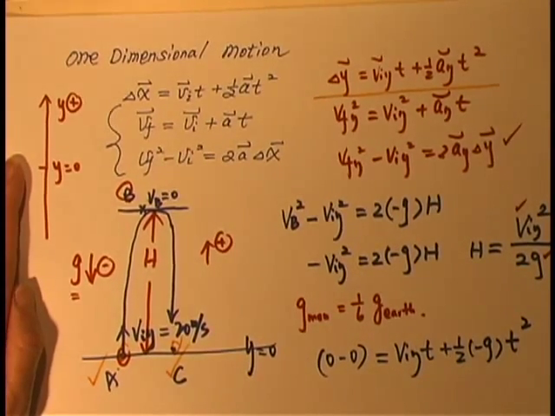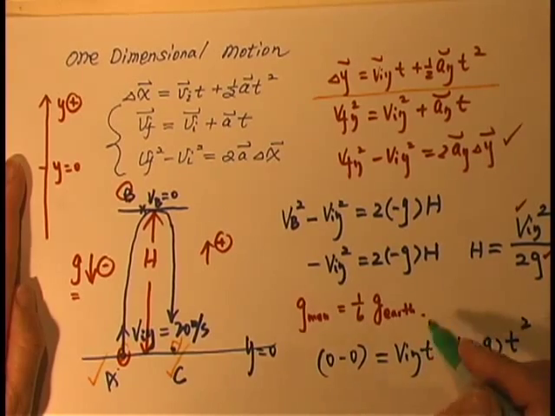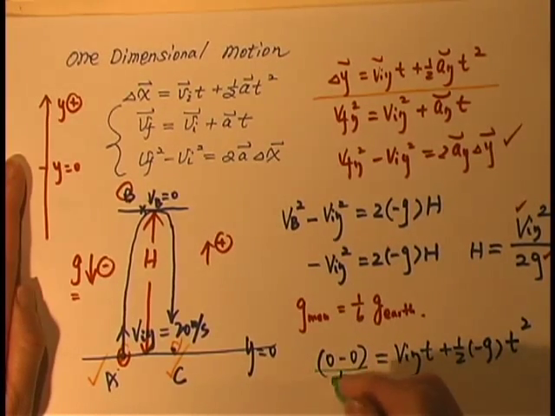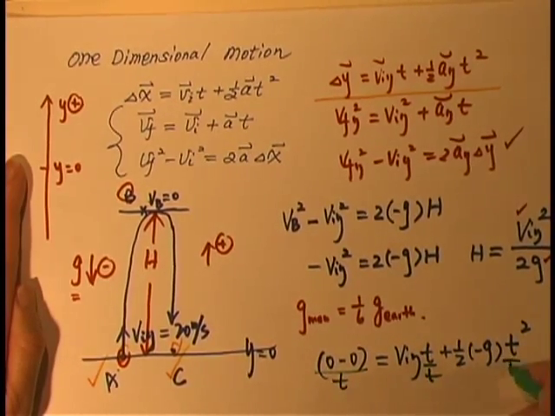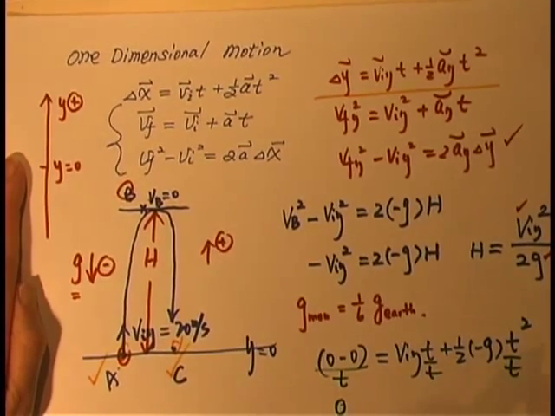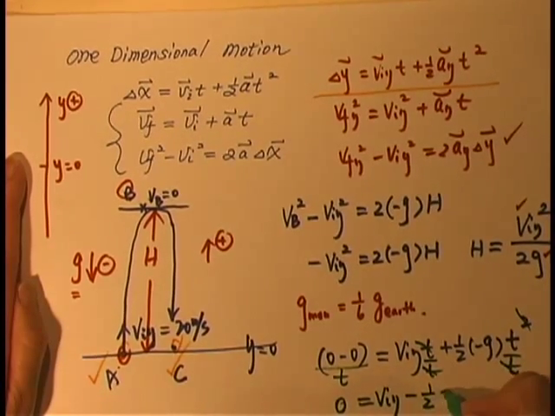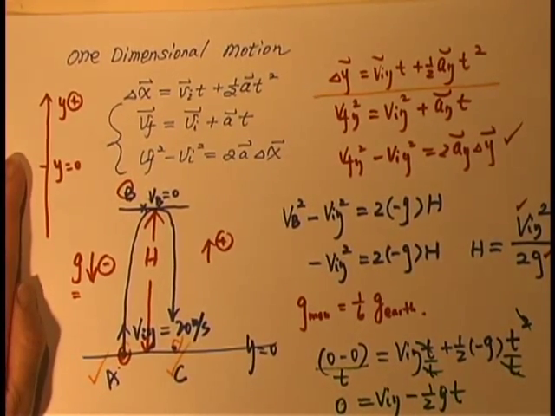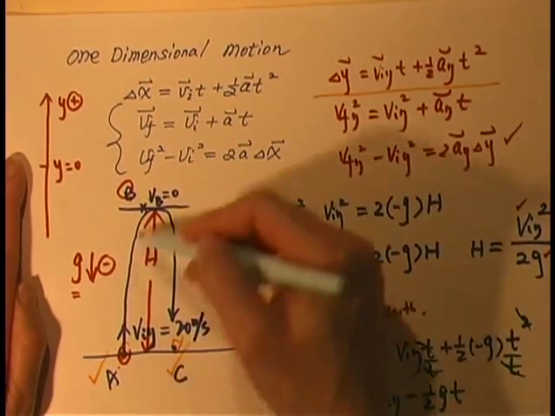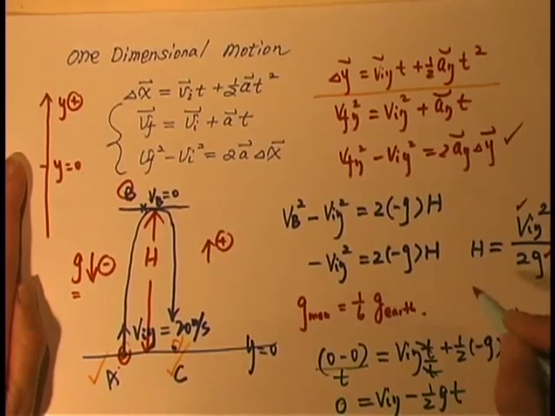Look at this. Both sides of the equation I can divide by t. So 0 divided by t is still 0, and this t cancels, so that equals v initial y, and one of the t cancels, minus 1/2 gt. So it gives us the total time of this round trip.